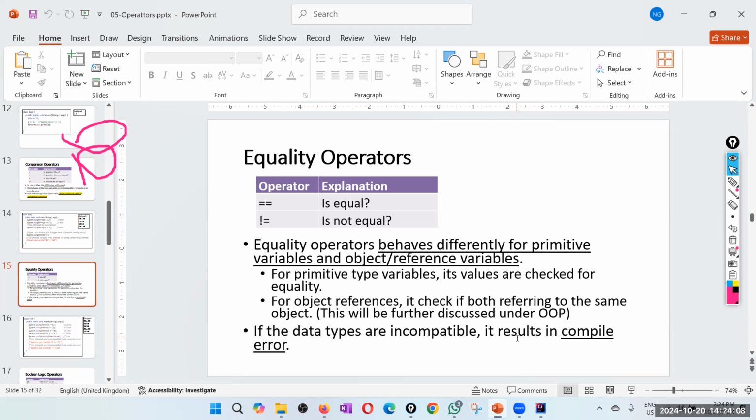So, for example, Java cannot check whether an apple is equal to a grape because those are two different things. But if you give two grapes, it will say whether it's the same grape or two different grapes. But Java will not check whether this particular apple is the same as that particular orange. Then it will say those are not compatible to check. Okay.